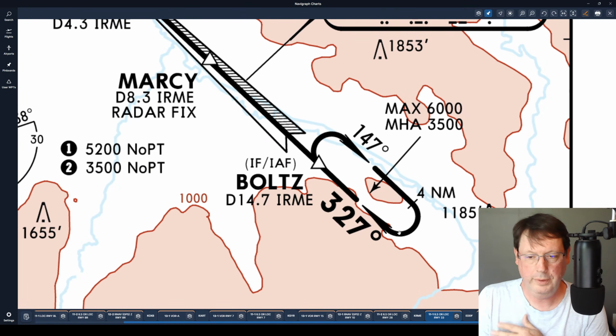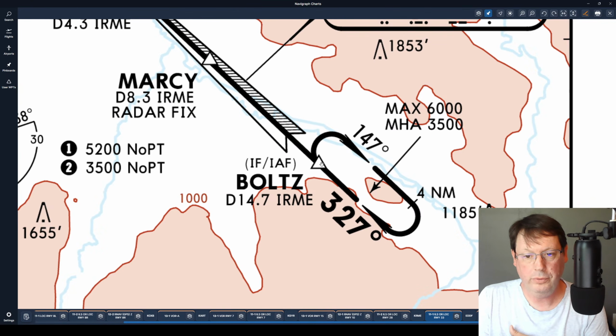The reason they're so easy, okay, this is the outbound heading for the hold, 147 degrees. That's the reciprocal of the inbound heading, which is the final approach course of 327. Make sense? All right. So you cross Bolts, you subtract 30 degrees from the outbound heading. So 147 minus 30 is 117.